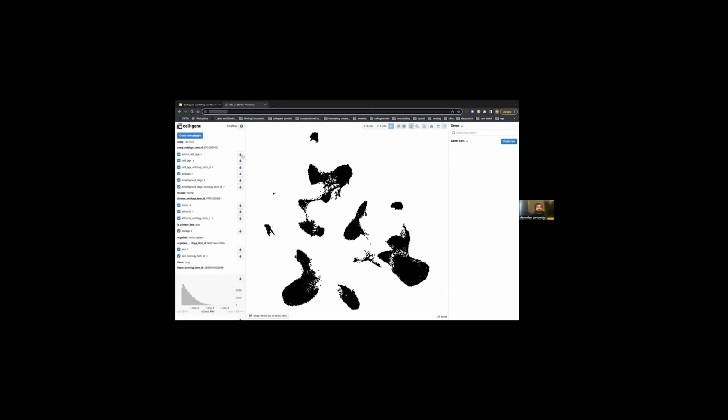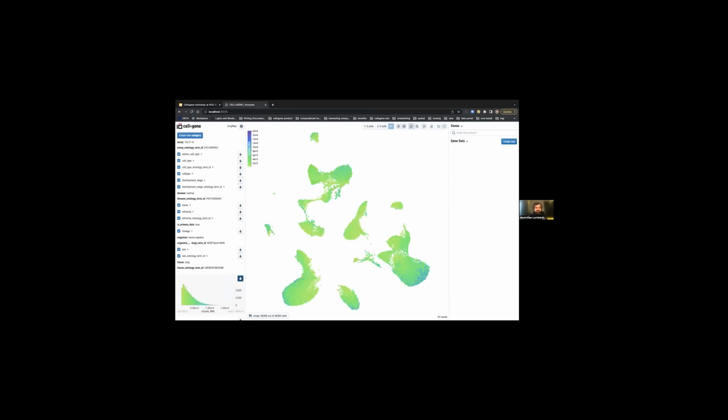You have essentially all the functionality that Pablo demonstrated prior to this. We can color by categorical metadata, we can color by numeric metadata, and we can perform selections of numeric metadata. Daniel asked in the chat, is it the same for Seurat object? No, CELLxGENE Annotate will not take a Seurat object as input.